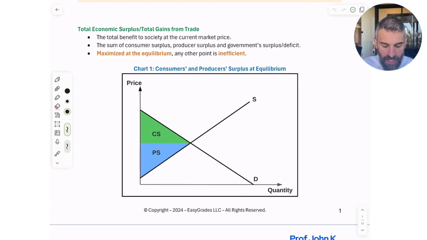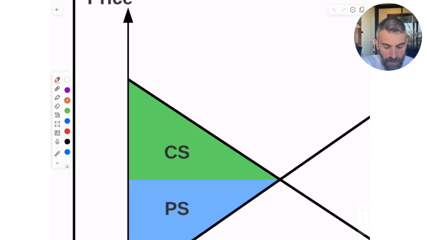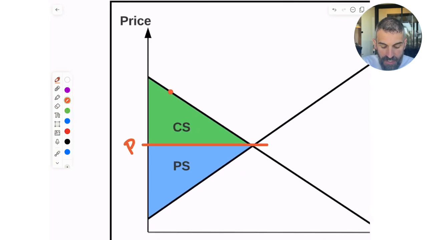If you look at your demand curve, we know that the price is down here at equilibrium. That's the price that you're going to pay. But there's somebody who was willing to pay more, right? Let's say, for example, the equilibrium price is $10, and there was somebody who was willing to pay $15. The difference between the maximum you're willing to pay and the price you actually pay is called consumer surplus.